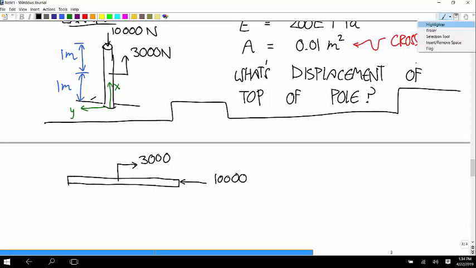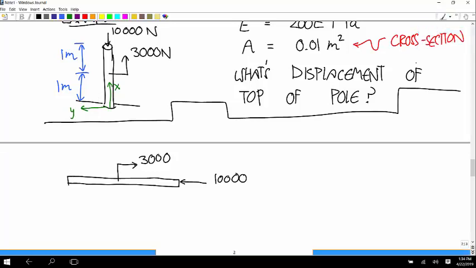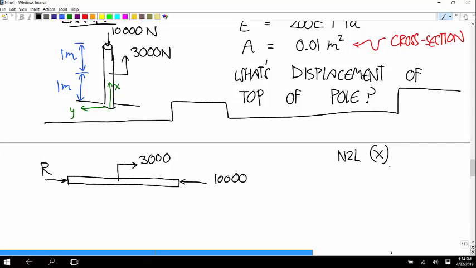And the first thing we have to do is calculate the load in the same line as these that's applied by the reaction. So I'll call that R. We're going to figure out what that R is. Now, in the second law, the only thing that we need to look at right now is the X component.